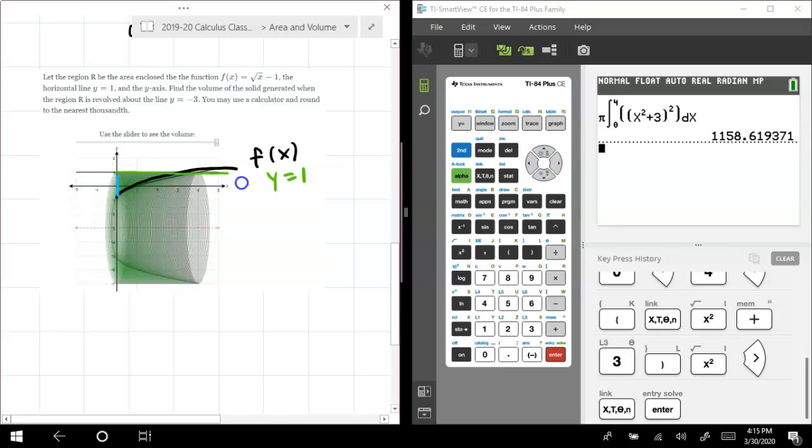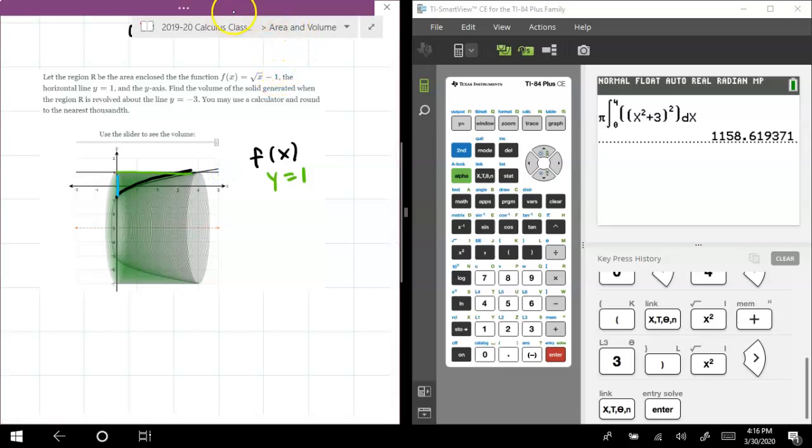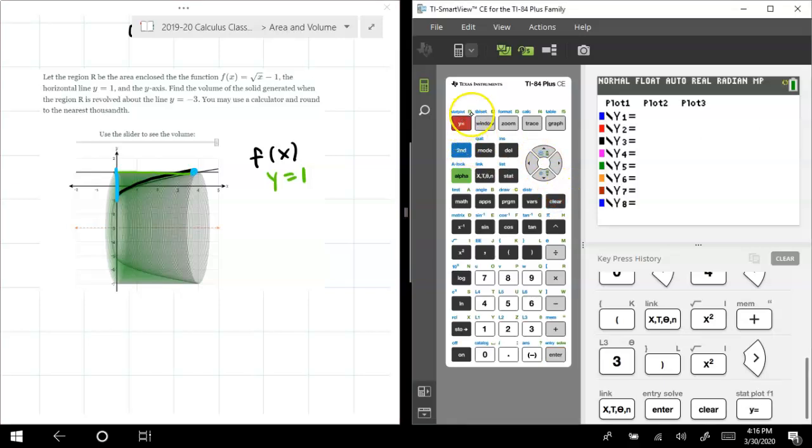Okay, so these two functions meet at the point of intersection. Start at x equals 0 and end at what looks like 4, 1, which would be the intersection of these two functions here.